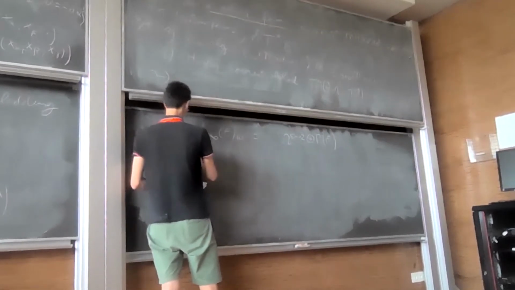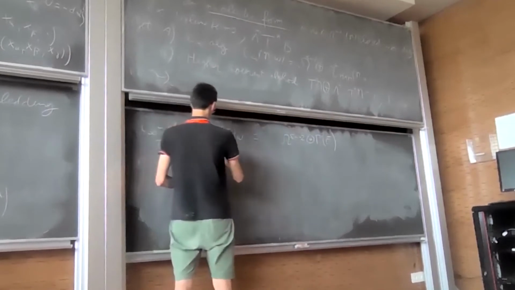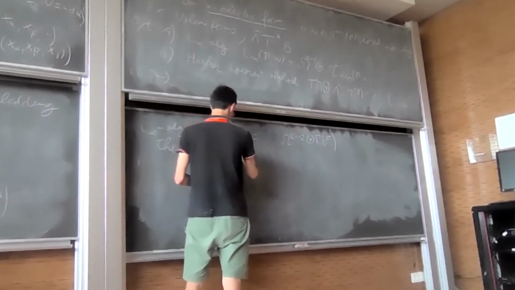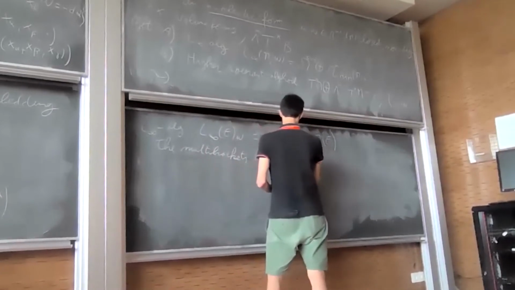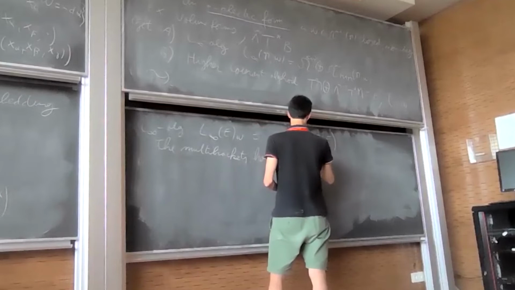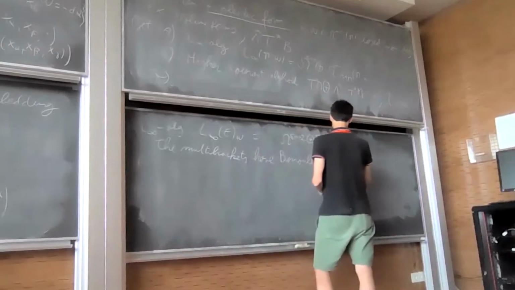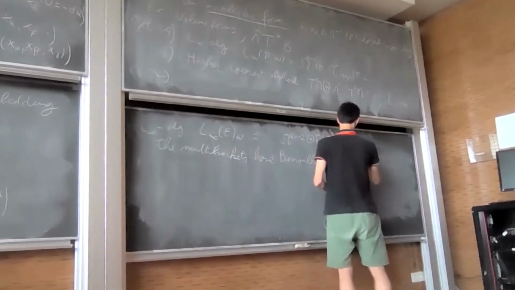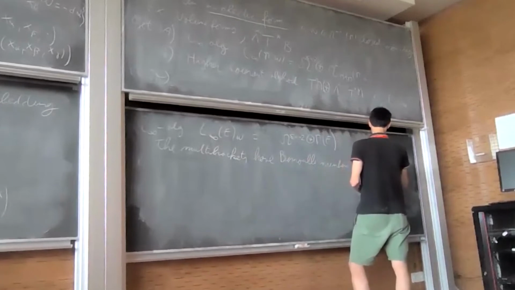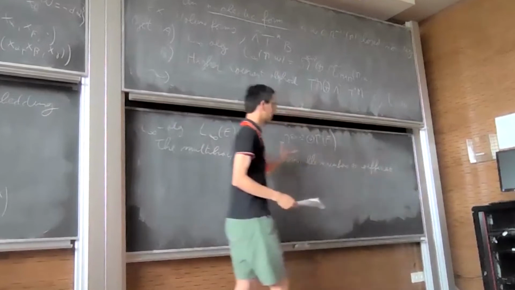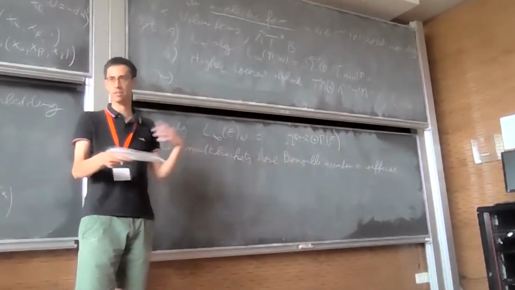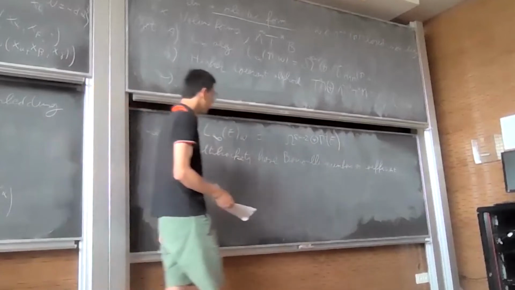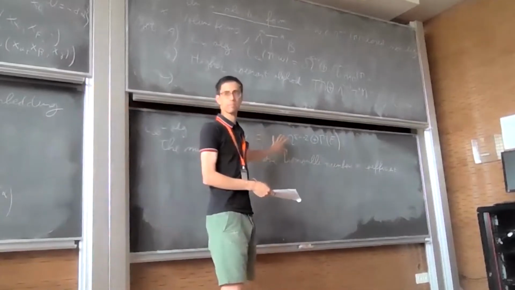The multi-brackets of this infinity algebra have Bernoulli numbers as coefficients. What I mean is that the higher brackets are given by some formula involving Cartan calculus, like Lie derivatives, contractions, and so on, but in front of them appear the Bernoulli numbers.